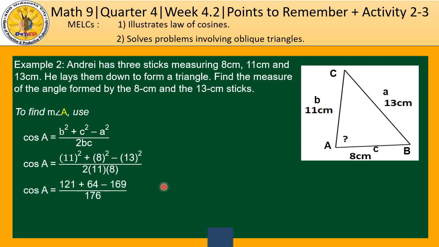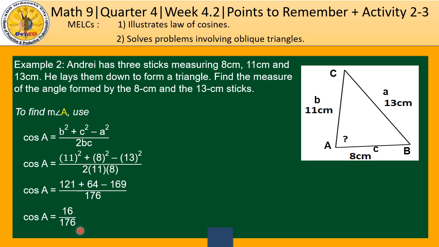Next we will simplify the problem. So 11 squared is 121, 8 squared is 64 minus 13 squared is 169. 2 times 11 is 22 times 8, that is equal to 176. Then we are going to add and subtract, and the result will be 16.